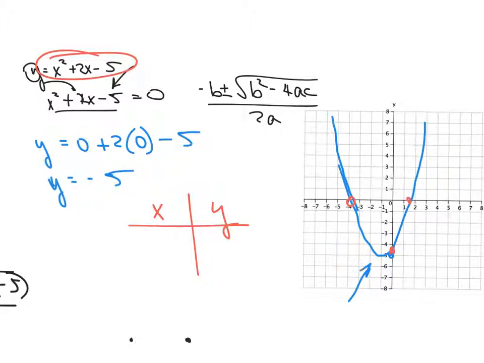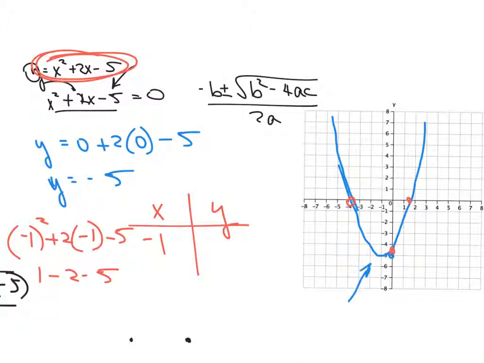So let's say that we threw a -1 in here. So in here we would have a -1 squared plus 2 times -1 minus 5. So that'd be 1 minus 2 minus 5. So 1 minus 2 is -1 minus 5 is -6.